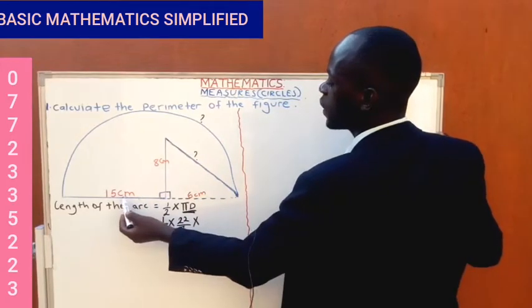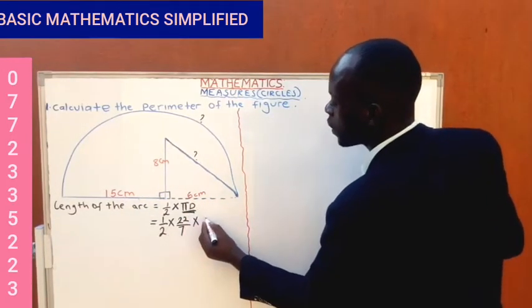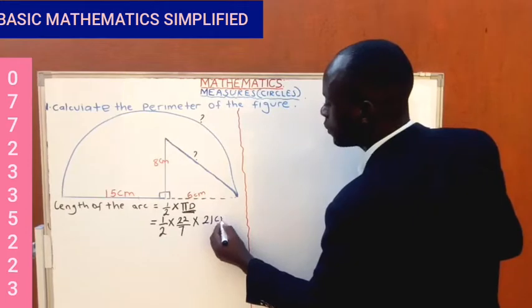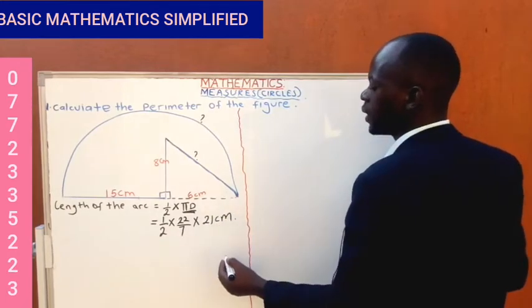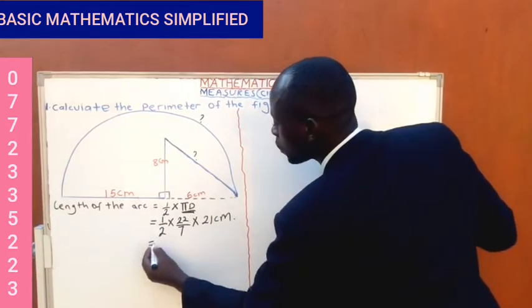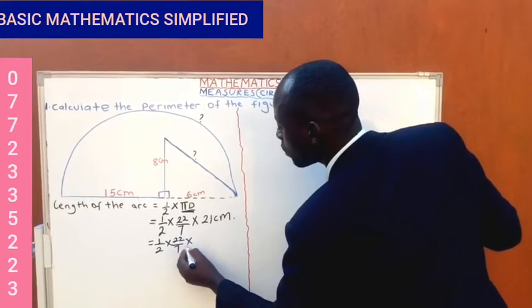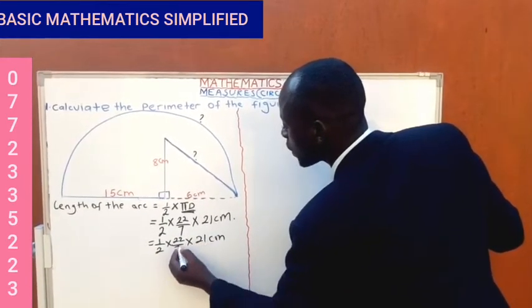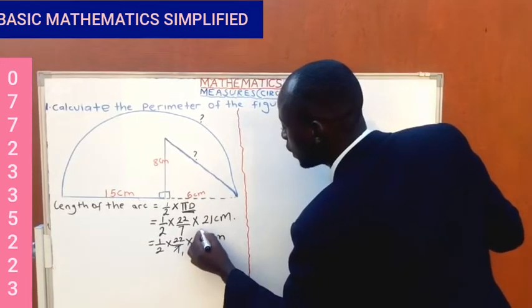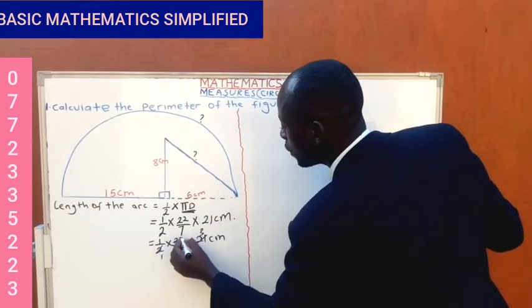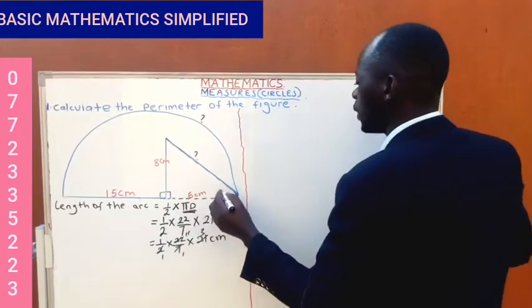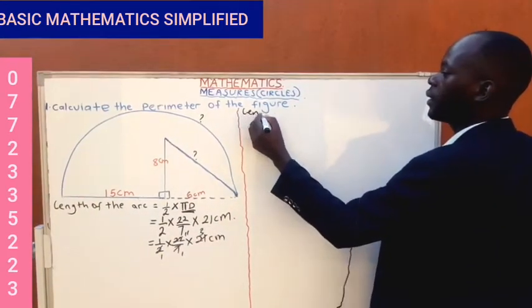So the diameter is 15 centimeters plus 6 centimeters, which gives us 21 centimeters. Now, a half multiplied by 22 over 7 multiplied by 21 centimeters: 7 into 21 is 3, and 2 into 22 is 11.